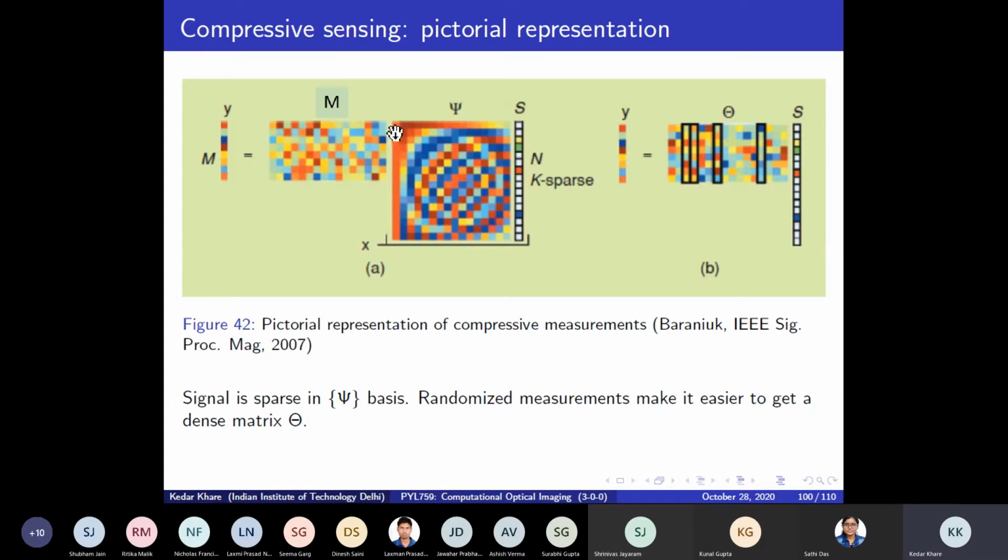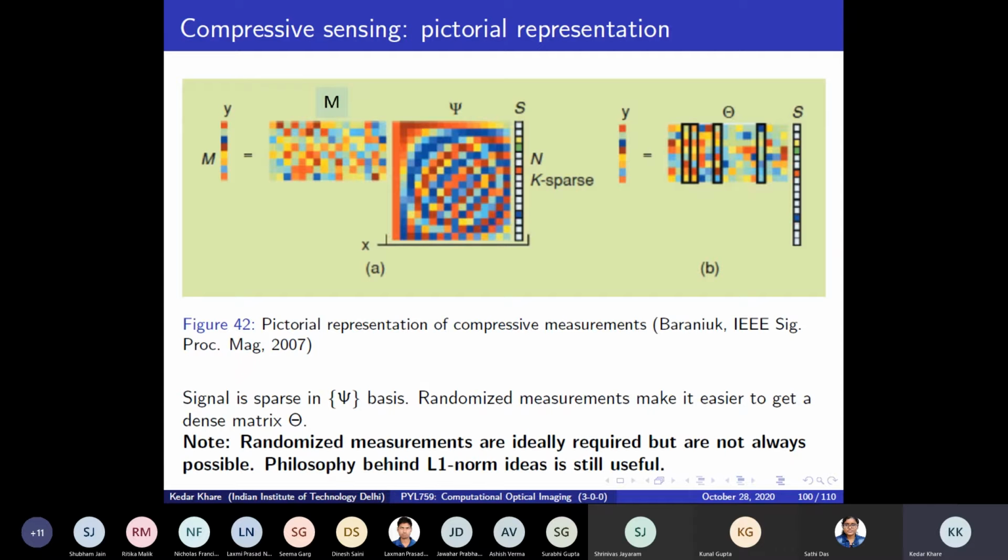The measurement basis is randomized or dense. In general, what you want is that this theta matrix is kind of dense, so that it captures or makes a linear combination of all coefficients of S. And as per the Candes-Romberg-Tao theorem, it is good to have randomized measurements, but unfortunately in all systems it may not be possible.